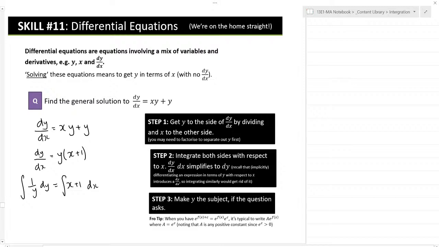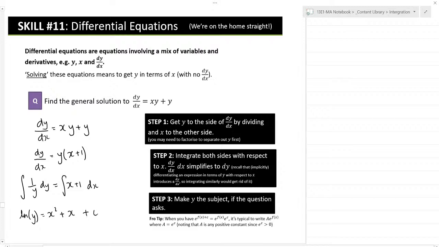So then what I need to do, what is the integral of 1 over y with respect to y? ln y, yeah, good. So it's going to be ln y is equal to x squared over 2 plus x, what else? Plus c.